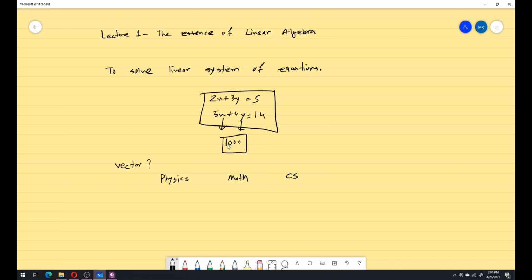For the time being, we are interested in working with vectors from the math and CS perspective. So whenever I say the word vector, I want you to think about an arrow in a coordinate system that starts from the origin, for this course at least.